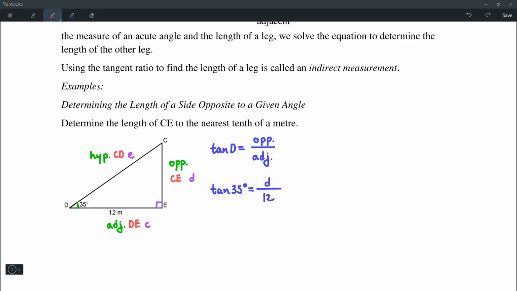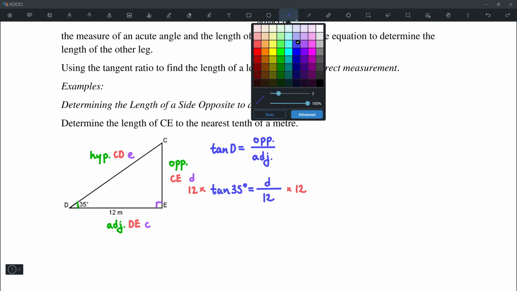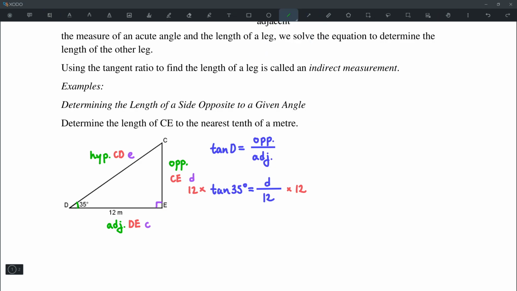We can now multiply both sides by 12. And notice that the 12s will be eliminated. And on the left-hand side, we are left with 12 tangent 35 degrees, which is equal to d.